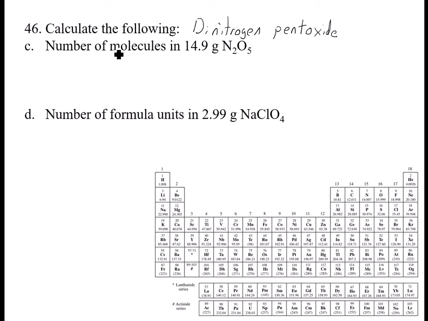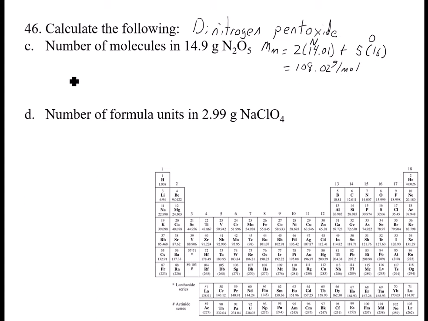So again, I'm going to do the molar mass. Now, I'm going to start shortening this because we've seen it a lot of times. For nitrogen, I have 2 times the 14.01, plus I have 5 times 16 for oxygen. This is 108.02 grams per mole.